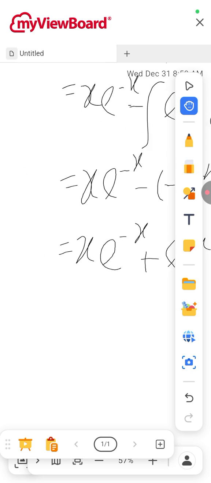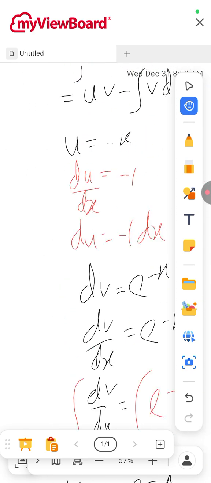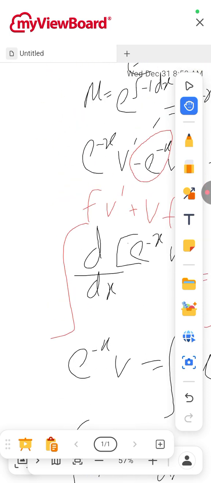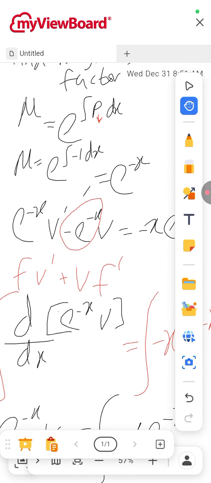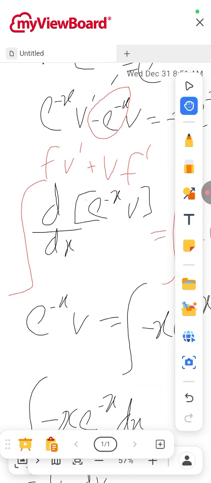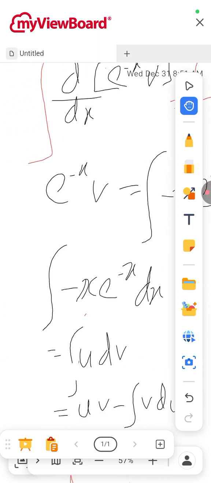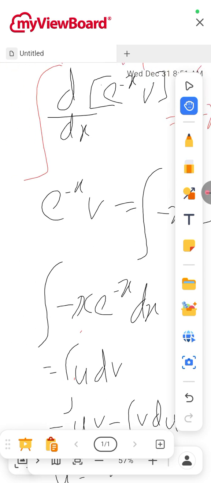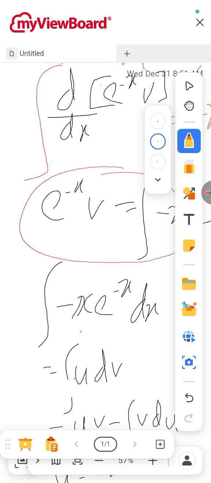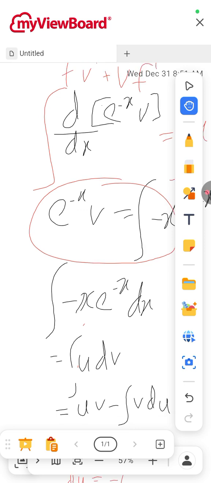So which means, let's go back to that place. Remember, this is where we started from. This line here. So I'm coming back to this line here.